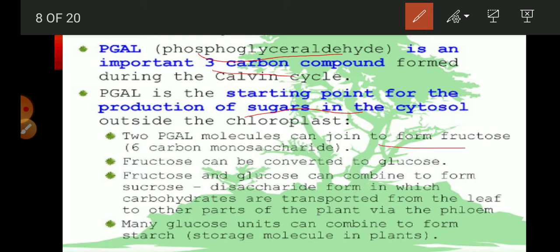We have seen all these steps before in the Calvin cycle: 2 PGAL can join to form a fructose, which is a monosaccharide, and this monosaccharide will join to form a disaccharide, and then polysaccharides, and then we can get starch. In the form of starch, the food is present in the plants.